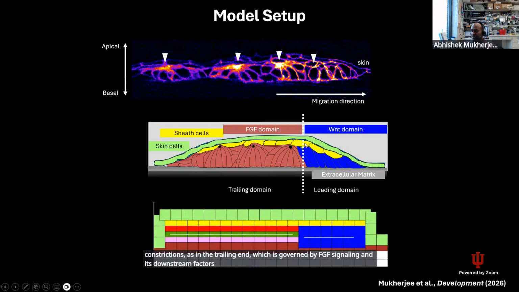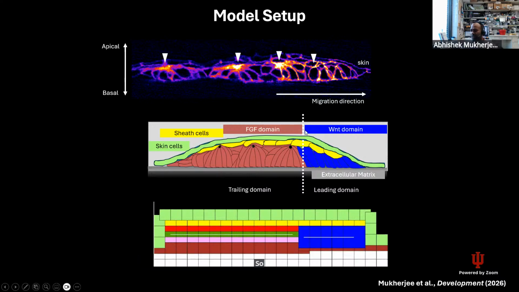And then there are also the sheath cells, which have recently been discovered by our lab, and Ajay also gave you a demonstration on that. And then there are the skin layer and ECM.